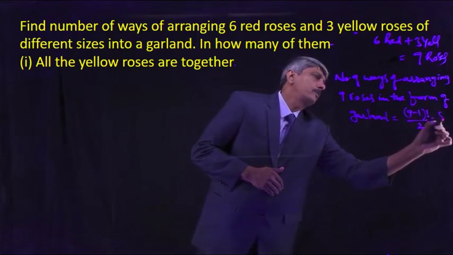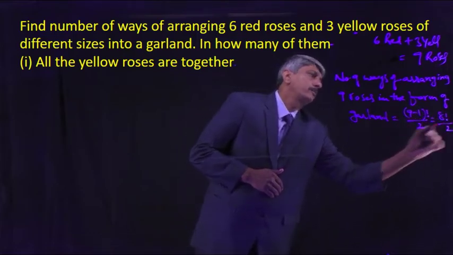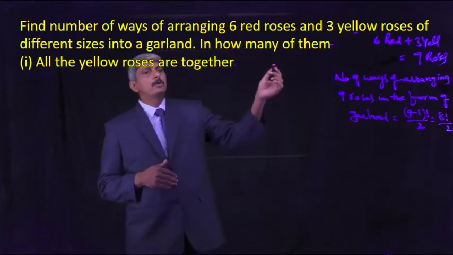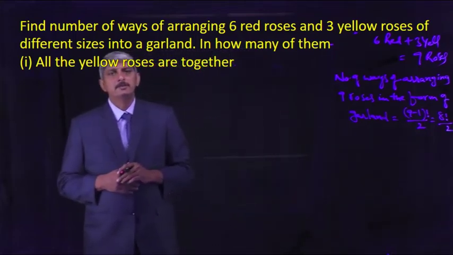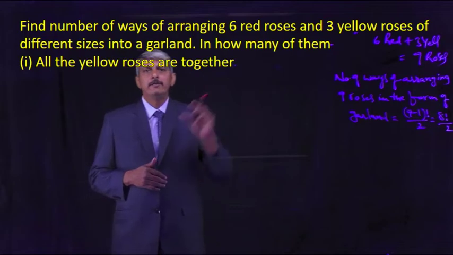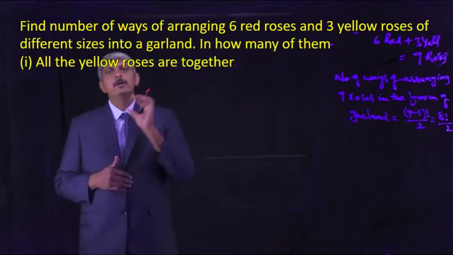This is equal to 8 factorial divided by 2. These are the total number of arrangements of 9 different roses in the form of a garland.